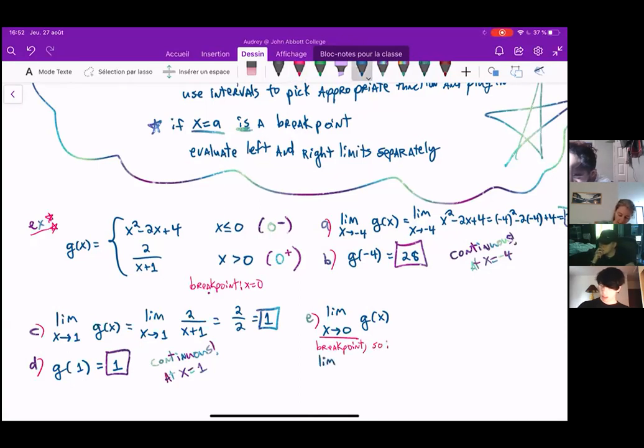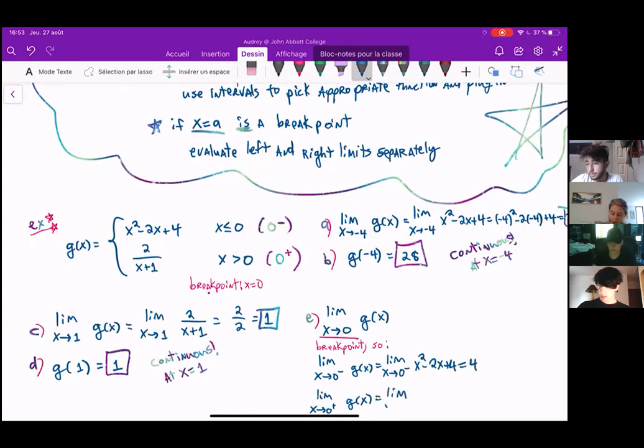The limit as x approaches 0 from the left of the function, and the limit as x approaches 0 from the right of the function. What am I going to replace g with for 0 from the left? x squared minus 2x plus 4. Perfect. And when we plug in, we get a 4.